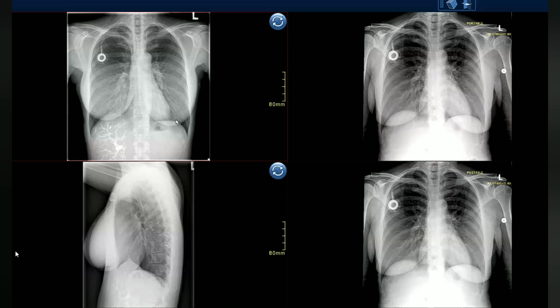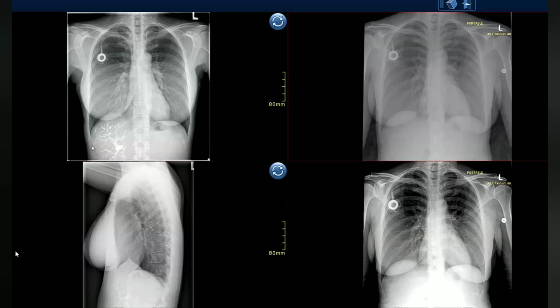Okay, so what is the difference between this radiograph and this radiograph? One big difference. This one, right? The upper one, madam. This is new, right? This is old, and so this is new. So what's happening here? I think I'm unable to find any difference between the two.